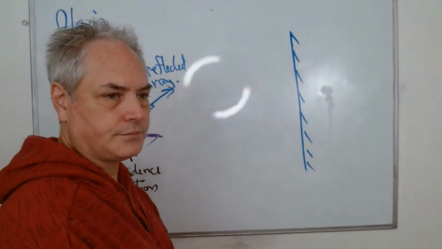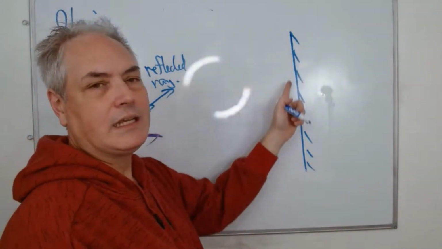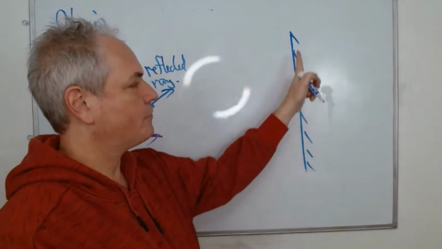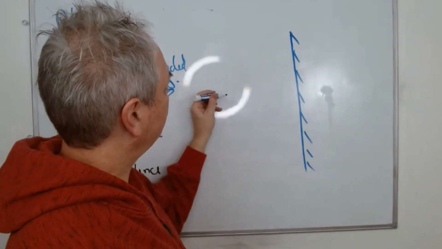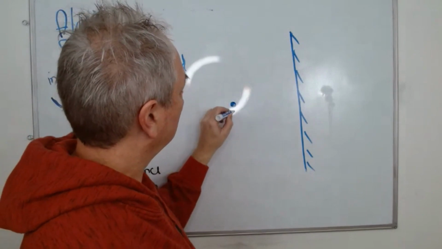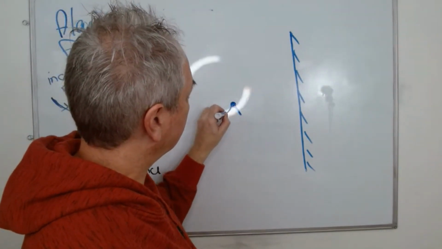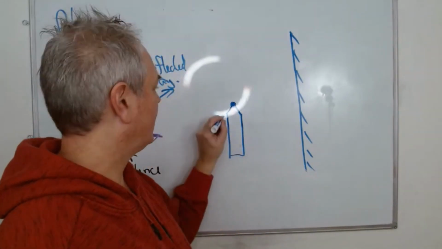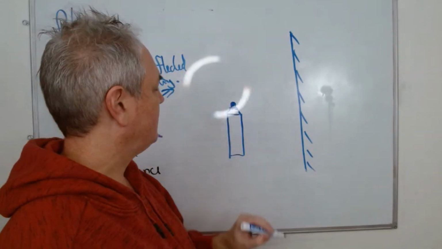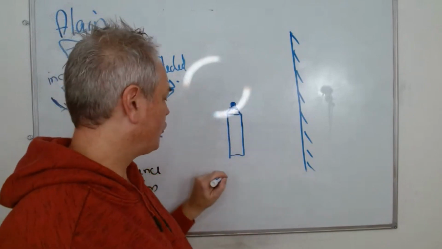Perfect. So here, this is the information I have for my mirror. It is a plane mirror. And we're going to do something that is easy. Let's do a pen like this. Perfect. We know that this is an object.